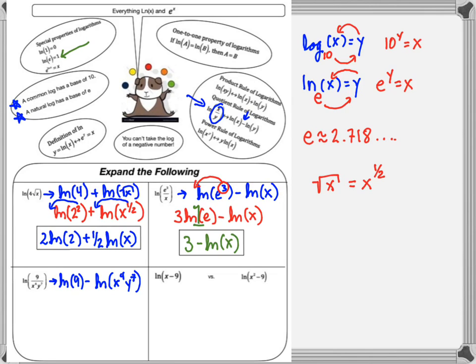And I look at that and I'm like, okay, there's still stuff here I can break down. I can break down this part right here because that is now going to be a product, and I know that I can change that into a sum. So I'm going to go ln 9 minus, and I'm going to go ln x to the 4th power, oops, take that back, it's not a minus, plus ln y to the 7th.